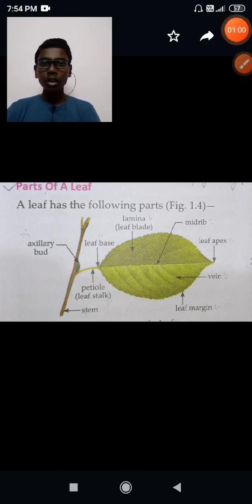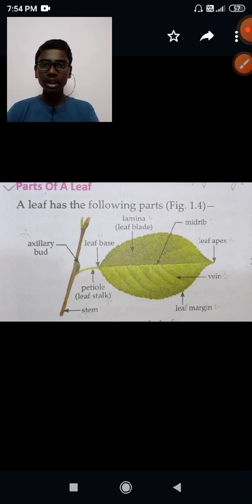Okay, now at first, before knowing the parts of a leaf, or the venation or types of leaves, we have to know what is a leaf. Because if we don't know the basic concept, that what is a leaf, then what will we understand if we learn the rest of the things about leaf.